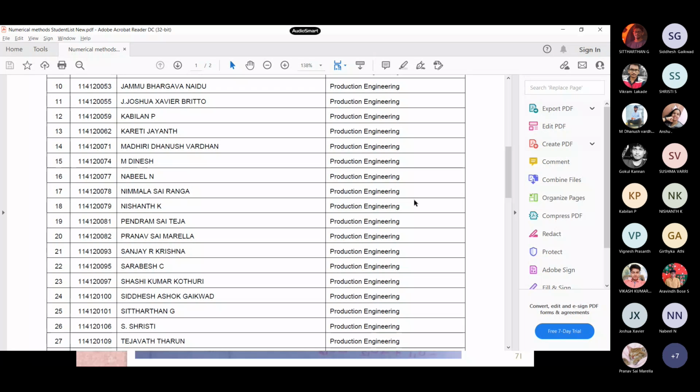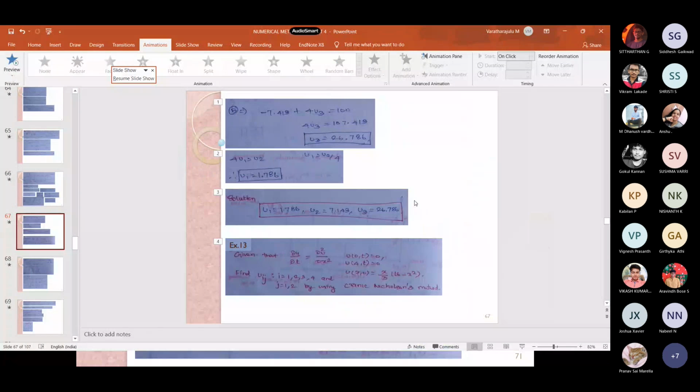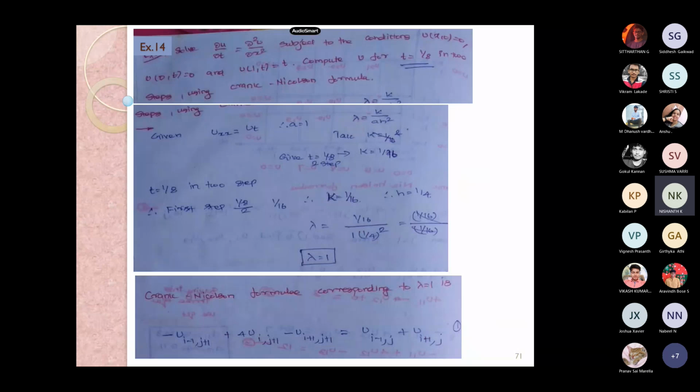Sairanga, Nishant, Sai Teja: the coefficient which is associated either with uxx or ut.